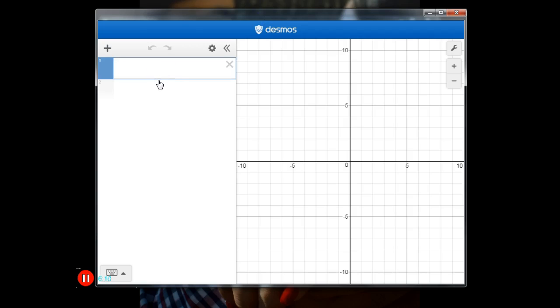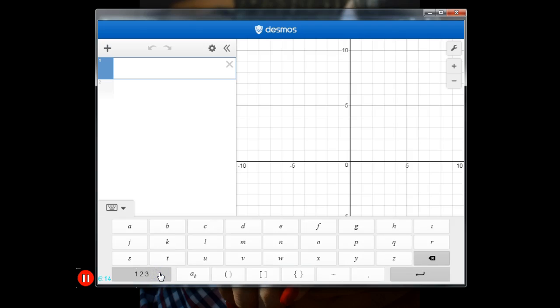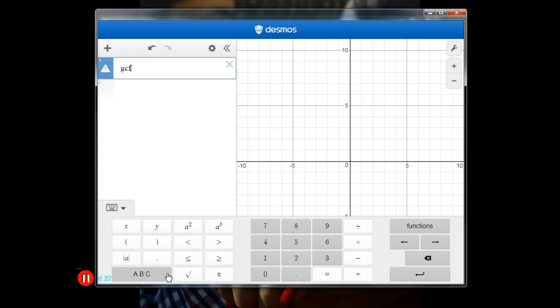Okay, so to figure out the GCF, what you're going to do is you're going to actually type out GCF. So G, C and F, okay, and then it turns back into a different kind of font, okay, and then you're going to put parentheses, and depending on how many terms you have, that's how many numbers you're going to put.